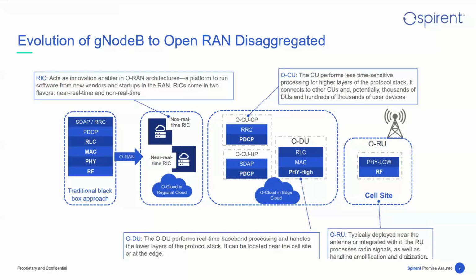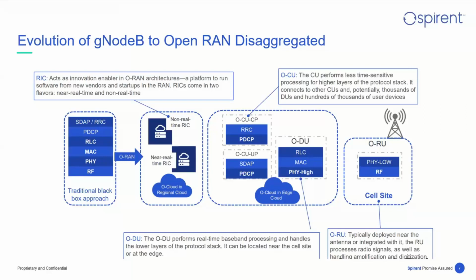Now this has been split into ORU, ODU, OCU, and ORU is probably just the low-PHY, supporting only the RF conversion to IQ packets, and then supporting some real-time processing, which is near the site and integrated probably with the antenna, or it could be separate also. Then we have ODU, which has the high physical layer along with MAC and RLC. And then we have control plane OCU and user plane OCU, where we have PDCP, RRC, and PDCP and SDAP.